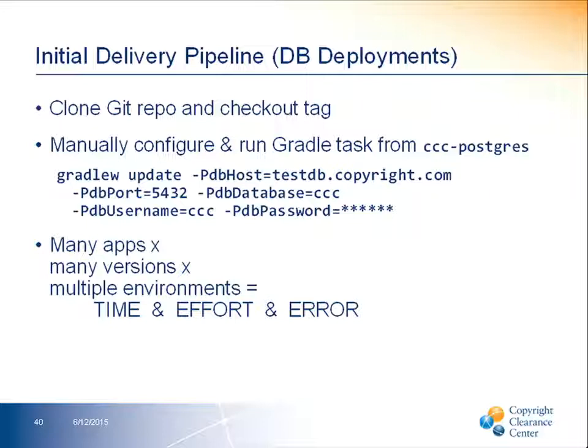And so this was better than the arbitrary stuff, but you still had to manually configure all this, and you'd have DBAs with these command strings for every app, for every environment in a notes file, and they're copy pasting them onto the command line and stuff like that. And so, better than before, but still there's plenty of room for error, and it takes more effort than it should.